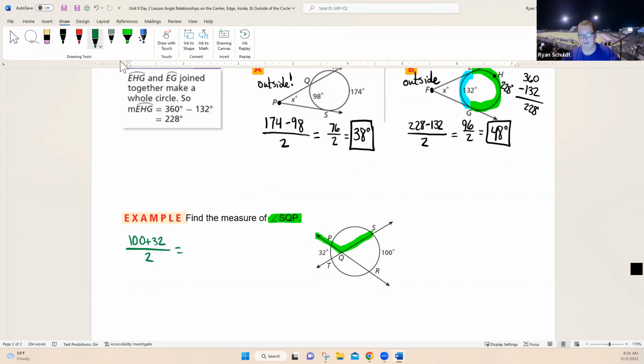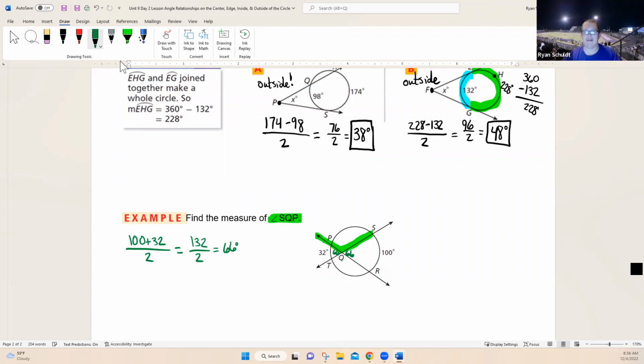That formula, let's work it out. It's 132 over 2, which gives you 66. This 66 degrees is talking about this angle and this angle.